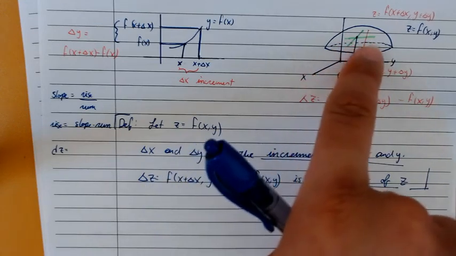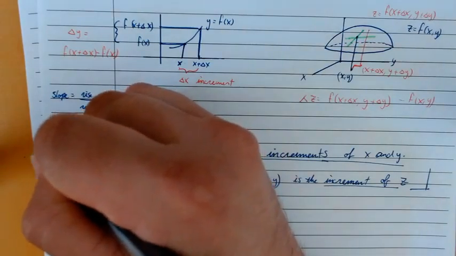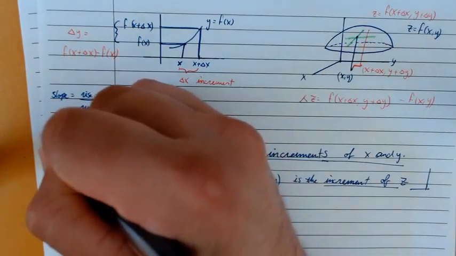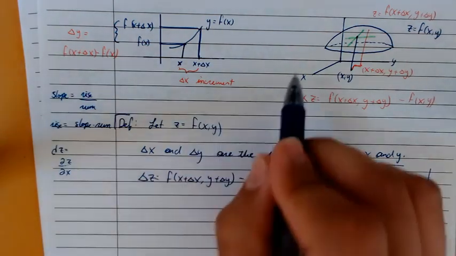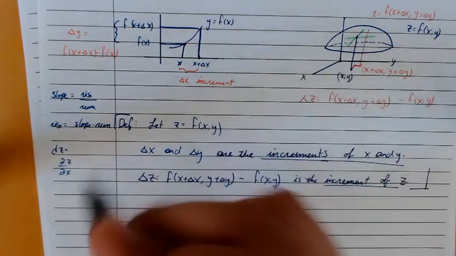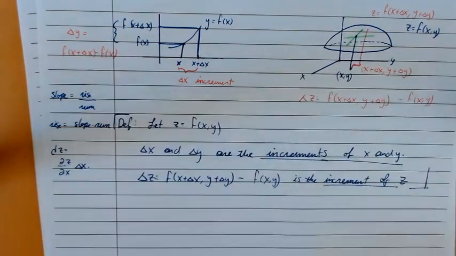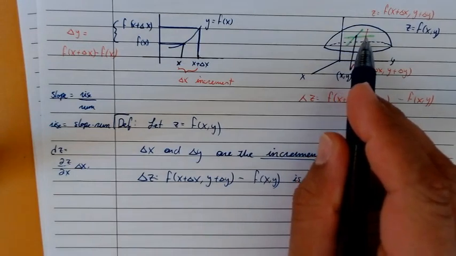Okay, so let's start with the one along the x-axis. So that would be what? The partial of my function with respect to x times my run. How far did I go that way? Oh, well, how far I went that way is my delta x. Oh, but then that would only tell me how far I go up this way.